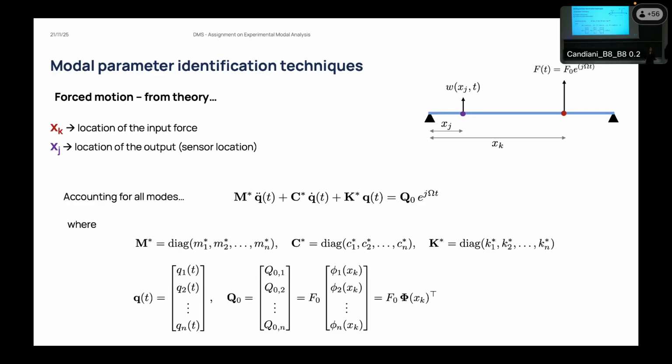All of them will be diagonal. Or at least for sure M and K, and the C if you have just the structural damping that you can describe through the Rayleigh model.